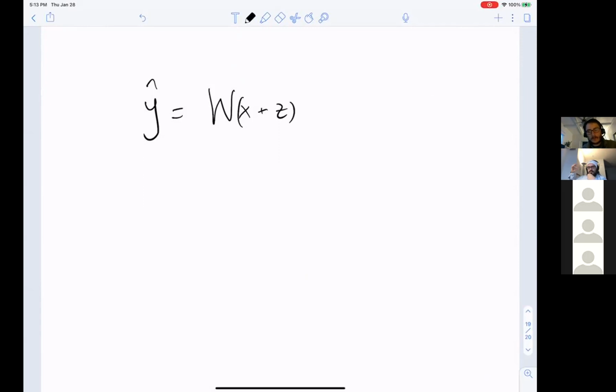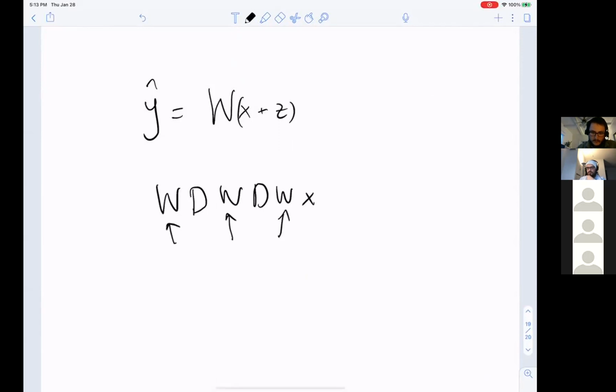And so from this perspective, when are adversarial examples occurring? If you have a bunch of W's multiplied by X, and your W's are not close to being an isometry, if they're not well conditioned, then you would get adversarial examples.